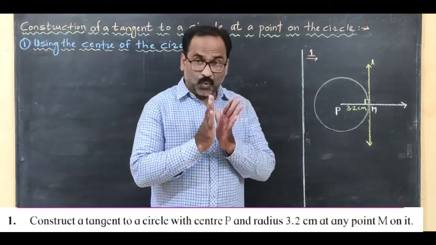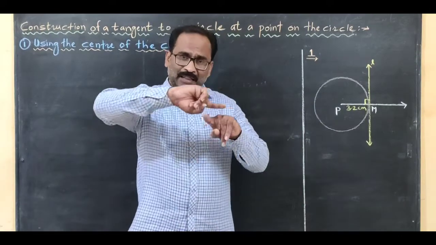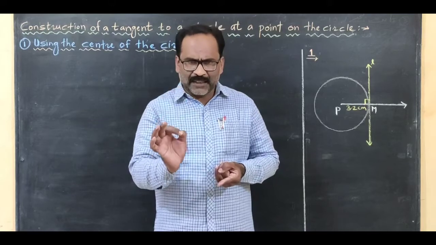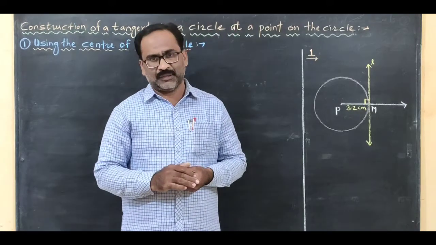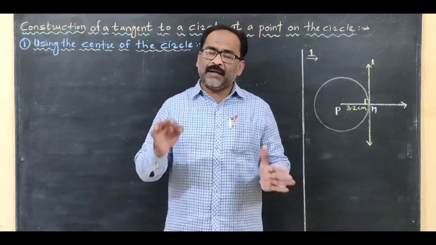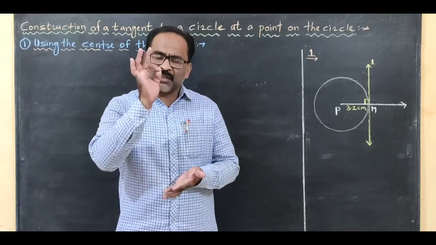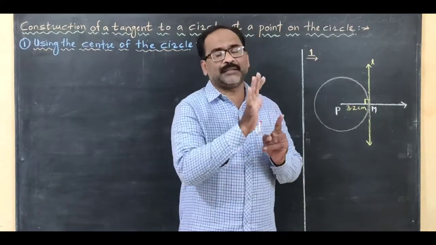In question number 1, it tells you to draw a circle of radius 3.2 centimeter with center P and draw the tangent to the circle from a point on it.